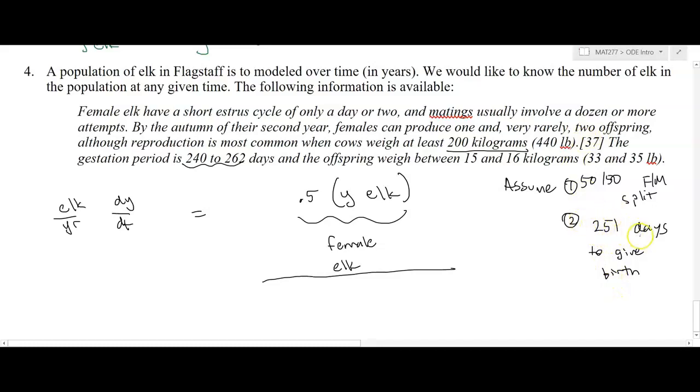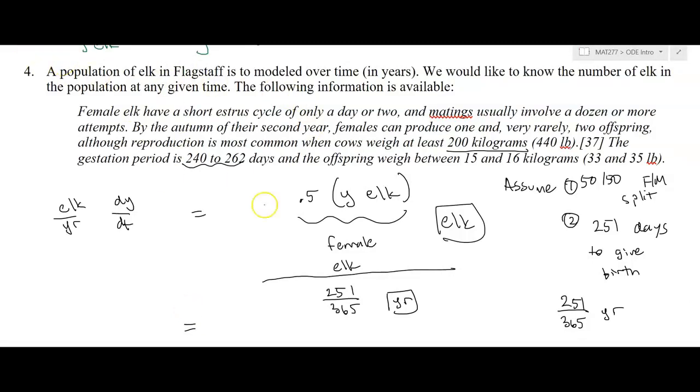Now, I can't use days, I need years, so 251 days is 251/365ths of a year, assuming there are 365 days a year. So if I divide this by 251/365ths, that's in years. This here is in elk, and I now have elk per year, which if we do the division of 0.5 divided by 251/365ths, we get about 0.34 from that.